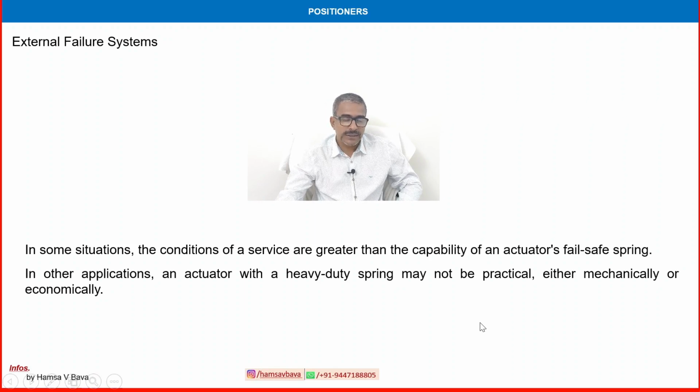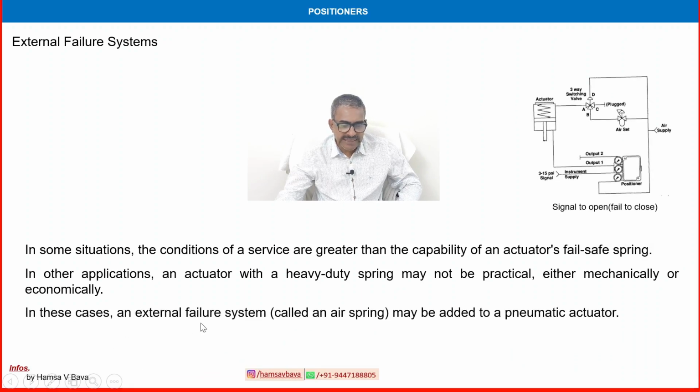For safety operation. In other applications, an actuator with a heavy-duty spring may not be practical, either mechanically or economically. In that case, an external failure system like a solenoid valve or another type of system, like an air spring, may be added to the pneumatic actuator.